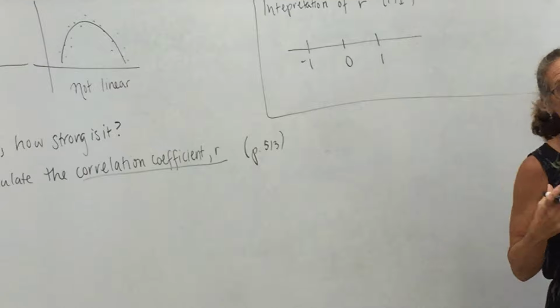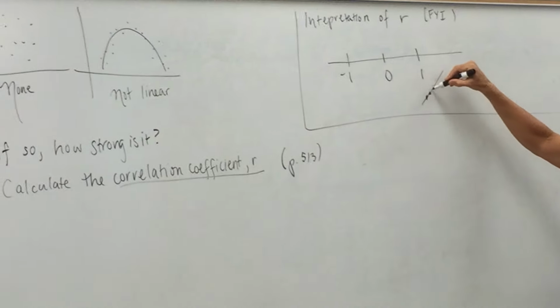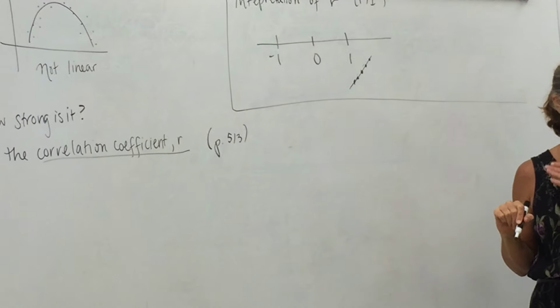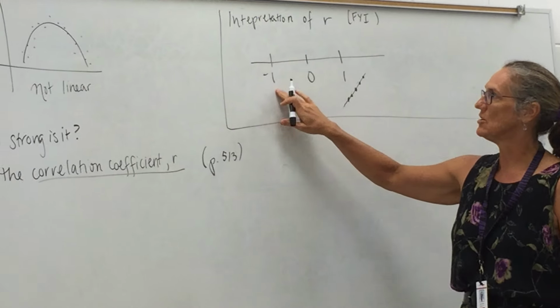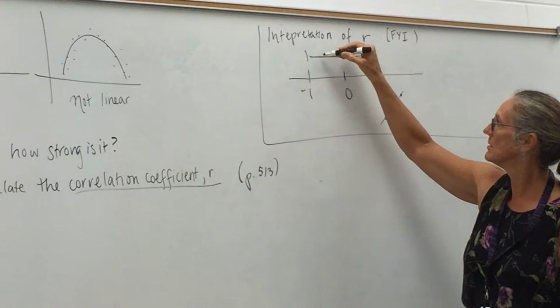And the closer it is to 1, the closer you are to a perfect positive linear correlation, where your points are perfectly collinear on the line slanting upward. Whereas a correlation coefficient of -1, so it's always going to be in here.